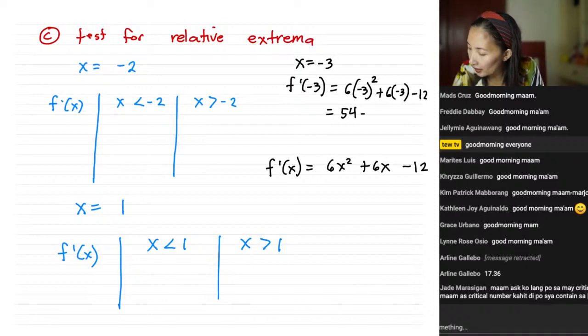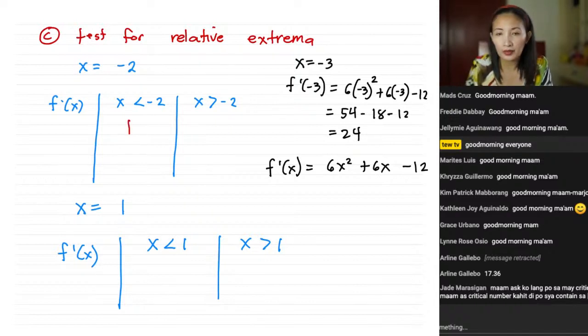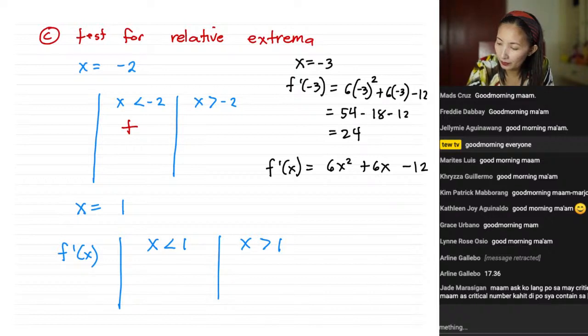So I shall write here positive. F prime of x is positive for a value which is located to the left of negative 2.